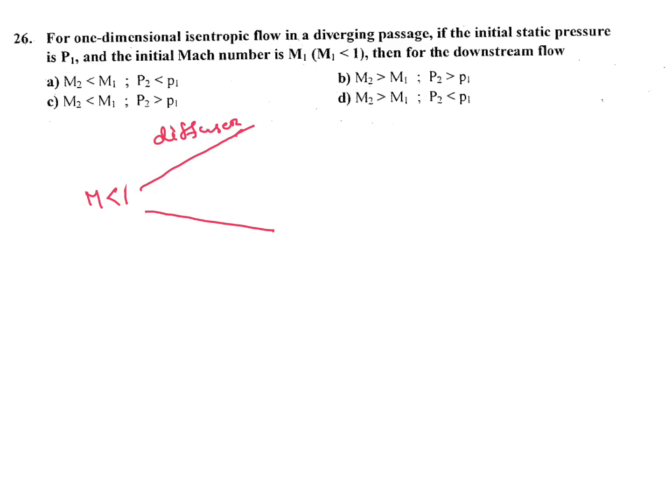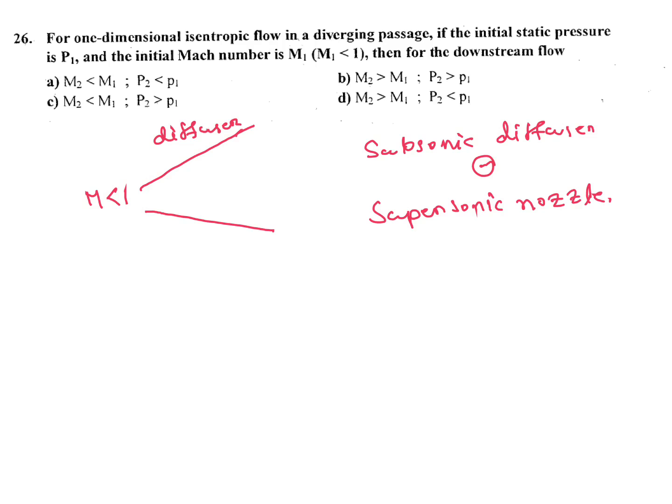So it's a case of subsonic diffuser or supersonic nozzle. In both cases the outlet will be the same. Pressure will increase and velocity will decrease.